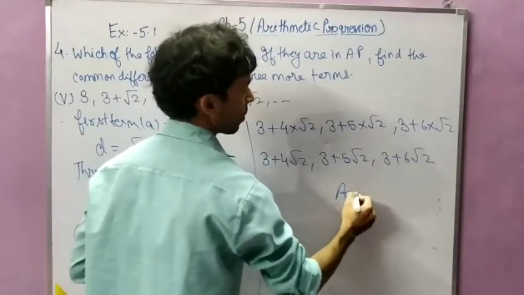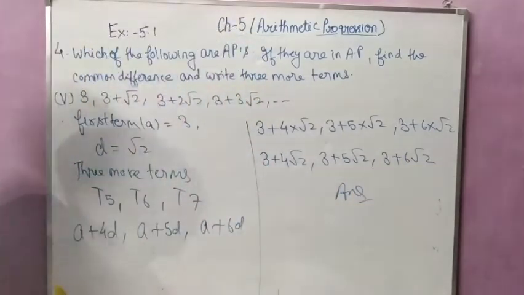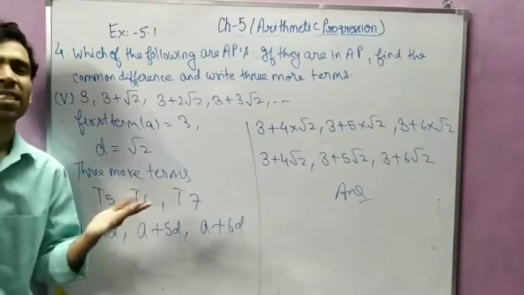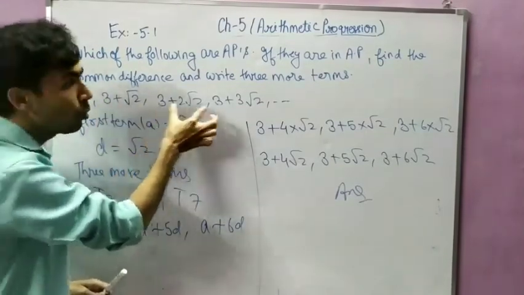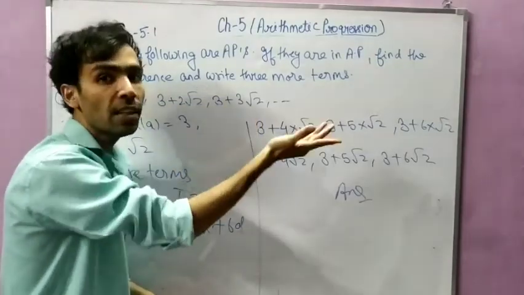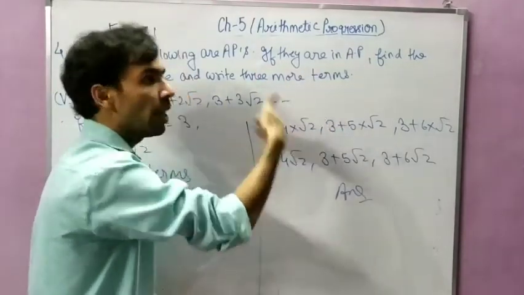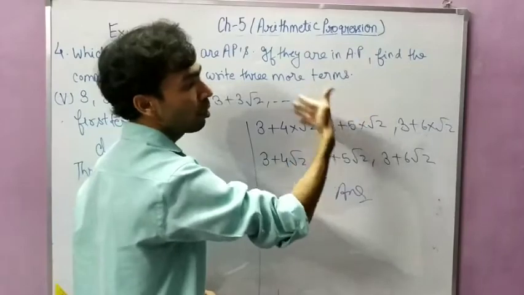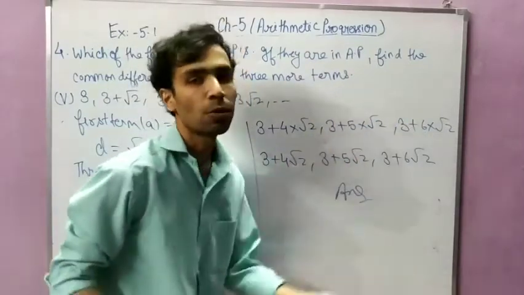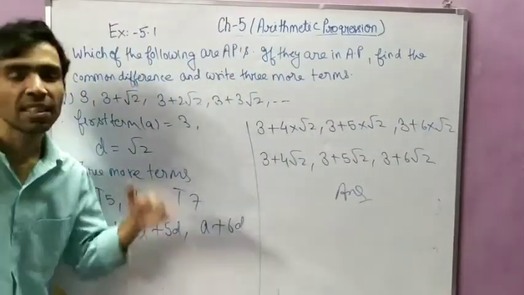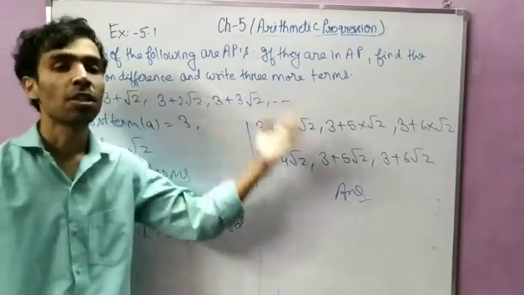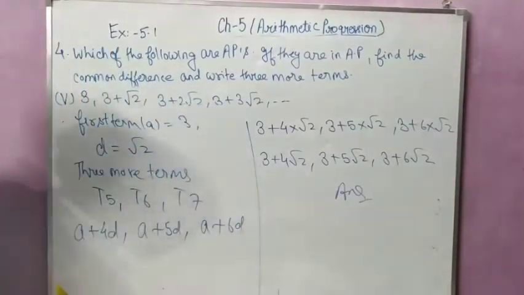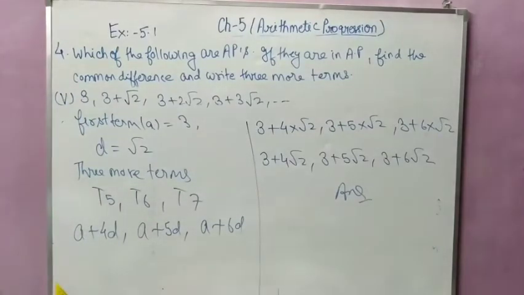That is the answer. Now student, you can easily see: 3, then 3 plus root 2, then 3 plus 2 root 2, then 3 plus 3 root 2, then 3 plus 4 root 2, then 3 plus 5 root 2, then 3 plus 6 root 2. It is very easy. By seeing it you can easily tell the next 3 terms. So in this way you can solve this type of question.